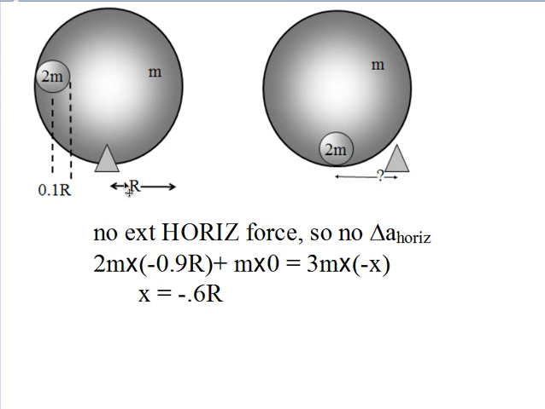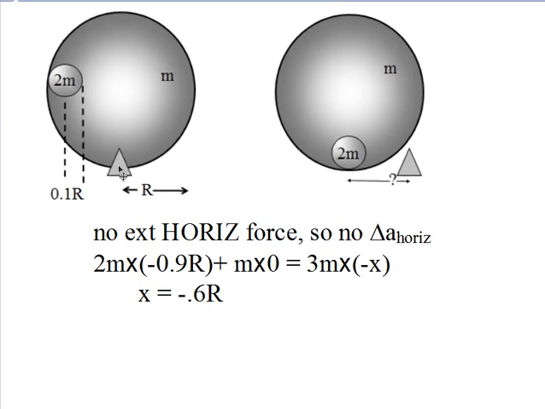And then I take this mass, which was located, I'm going to call this my 0 reference point, at 0.9 r in the negative direction, and this mass, which was located at 0, and then at the end we have the total mass, 3m, located at the center of mass, which is going to be some negative distance over here.